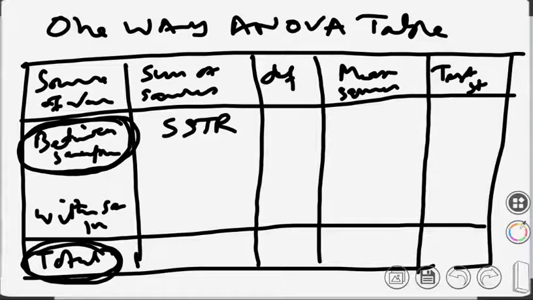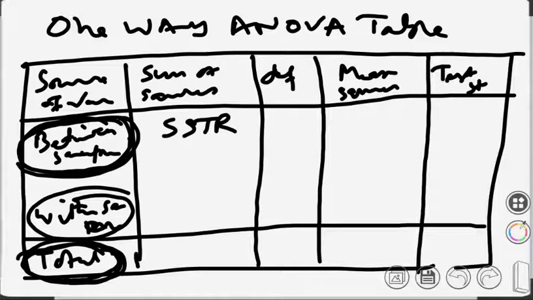So that is termed as within sample error. There is a difference between total variation and between sample variation. That difference is the error.